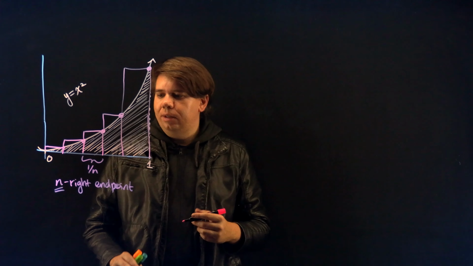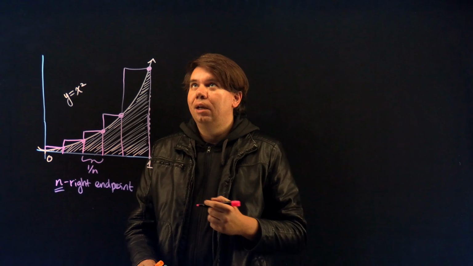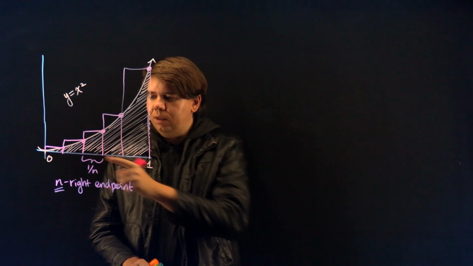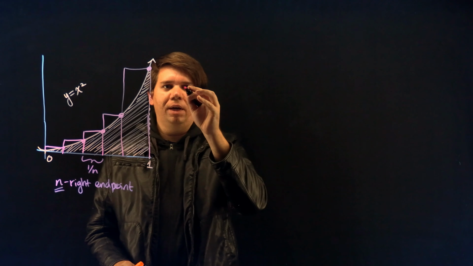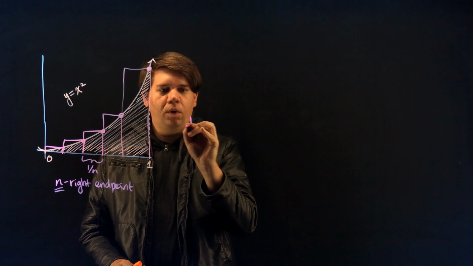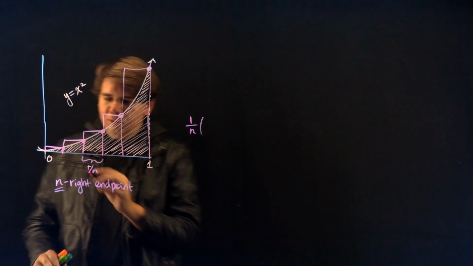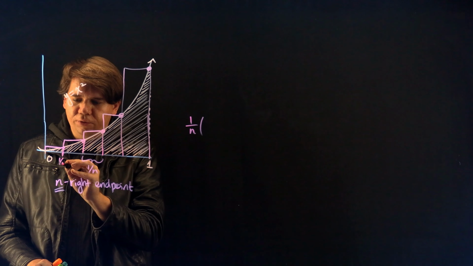Okay, here we go. So I have n of these rectangles, and I want to figure out what's the area of them. So the width of each of these rectangles is going to be 1 over n. So my width is 1 over n for this first rectangle. And the height for the first rectangle, well, this is at the x value right here of 1 over n.